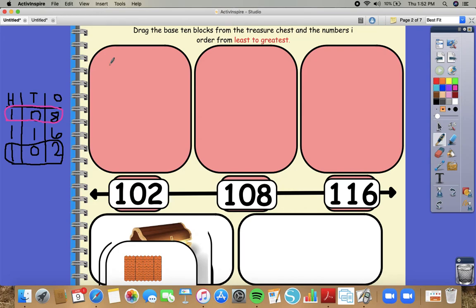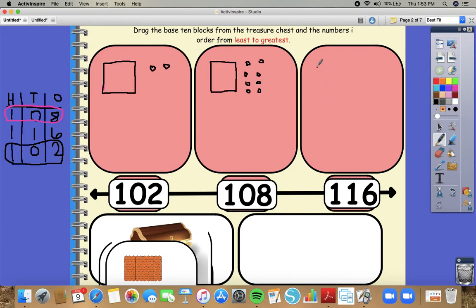So for our hundreds, let's do a black marker so we can see. Our square is our hundreds. Do we have any tens? No, but we have 2 ones. Now for 108. We have our hundreds square and 8 ones. 1, 2, 3, 4, 5, 6, 7, 8.